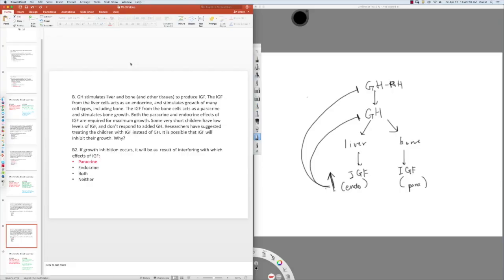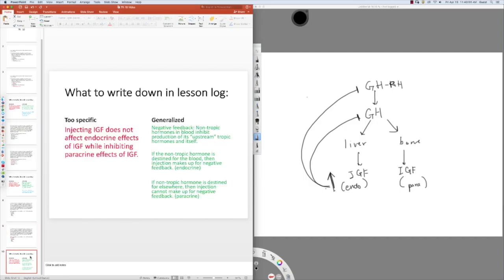So although liver synthesis of IGF does decrease, that has very minimal effect, while for the bone-produced IGF, once that goes down, there is no other substitute. That's the problem we're going to face in terms of the growing child. So that's why the paracrine tree is more important in terms of overall growth inhibition.